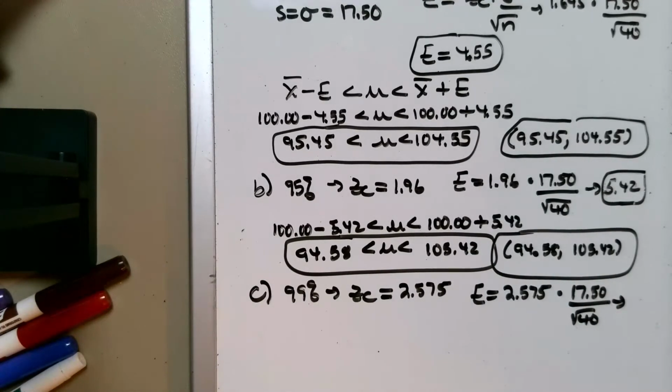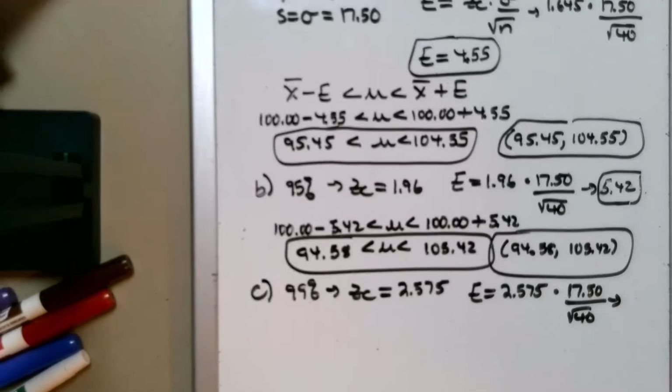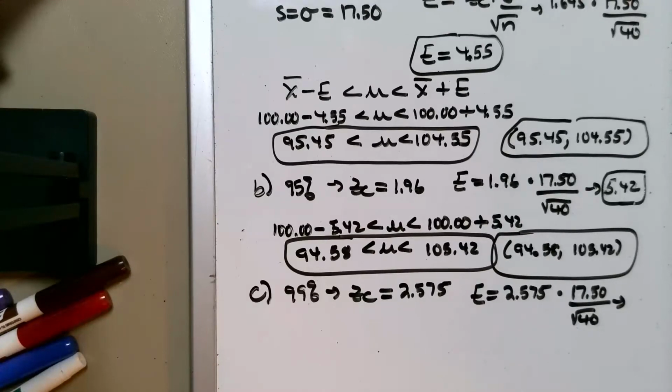So 2.575 times 17.50 divided by the square root of 40 equals $7.12. 7.125. So actually, we probably should make that $7.13 technically.